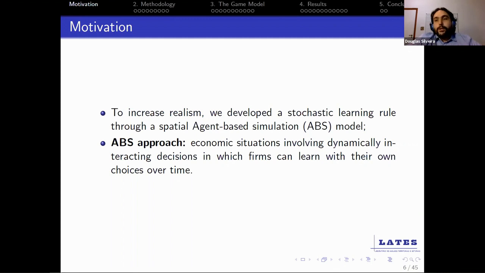And that's what we are trying to model. We assume that firms are boundedly rational, and they can learn from their own mistakes, and they can learn from the strategies of the other firms that are closer to them.